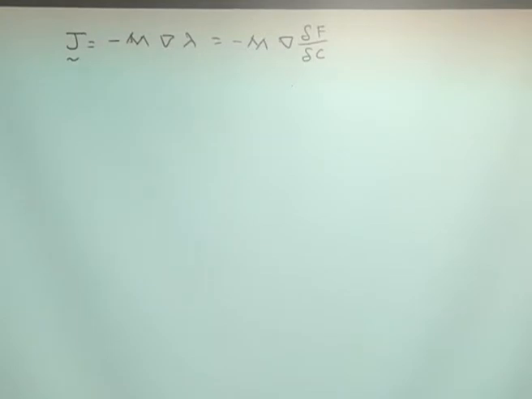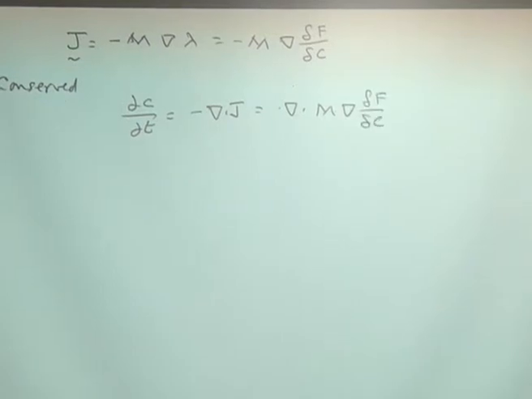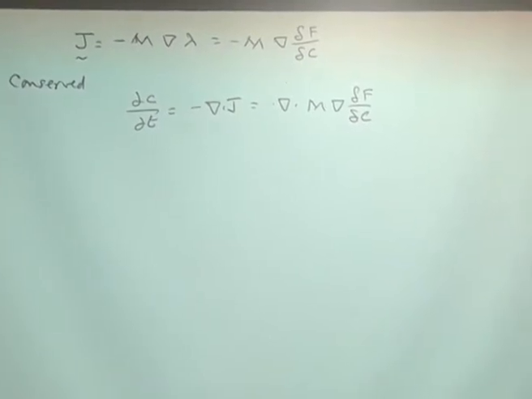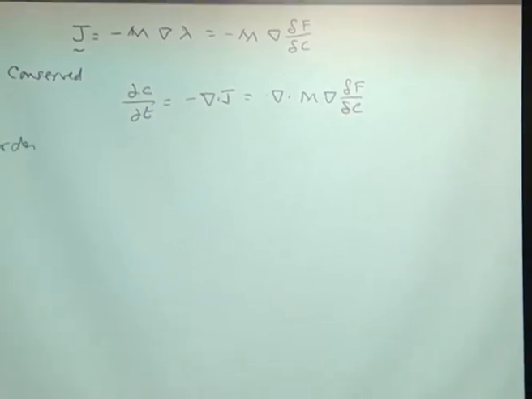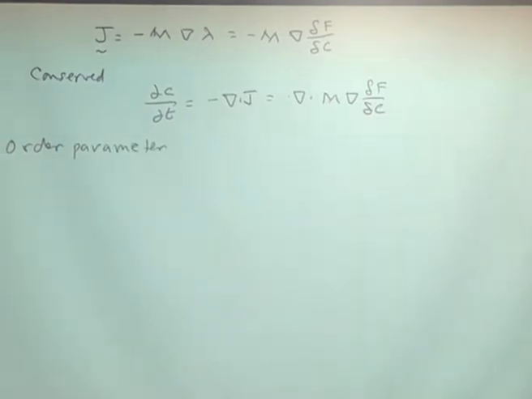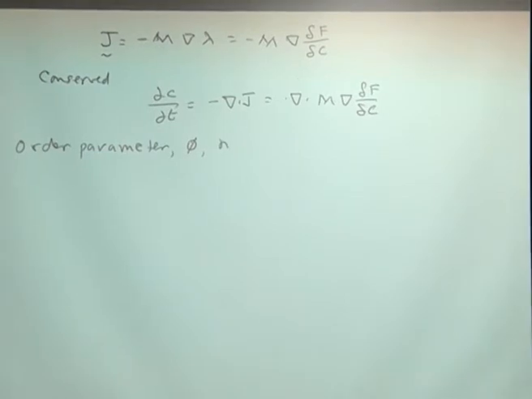And then we said that the equation is conserved, which implies that you get the derivative with respect to C. We're going to look now at a case where the order parameter, again called phi, is not conserved.